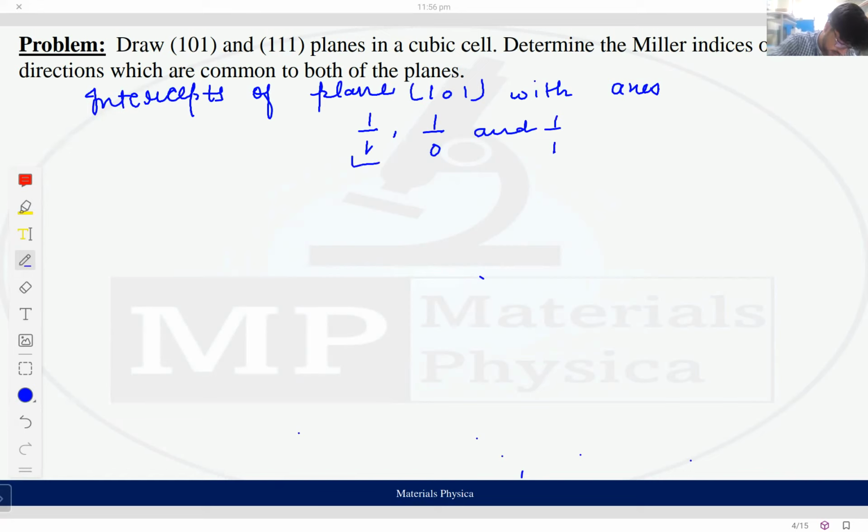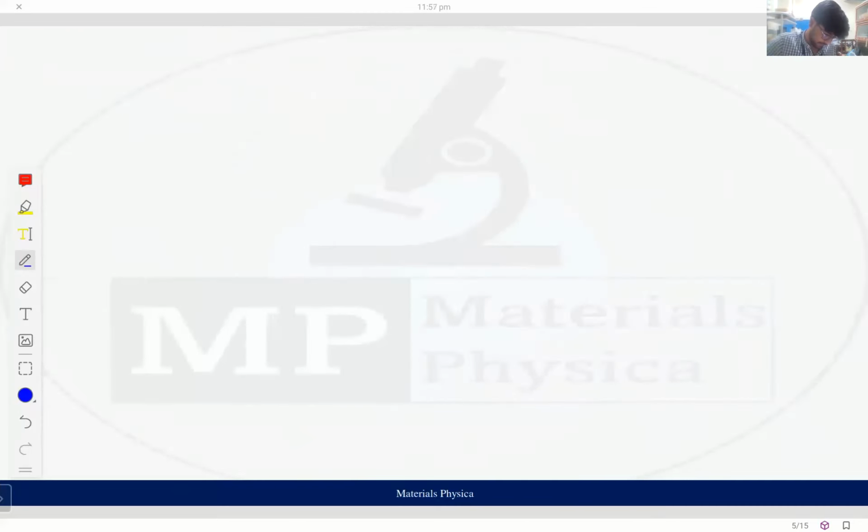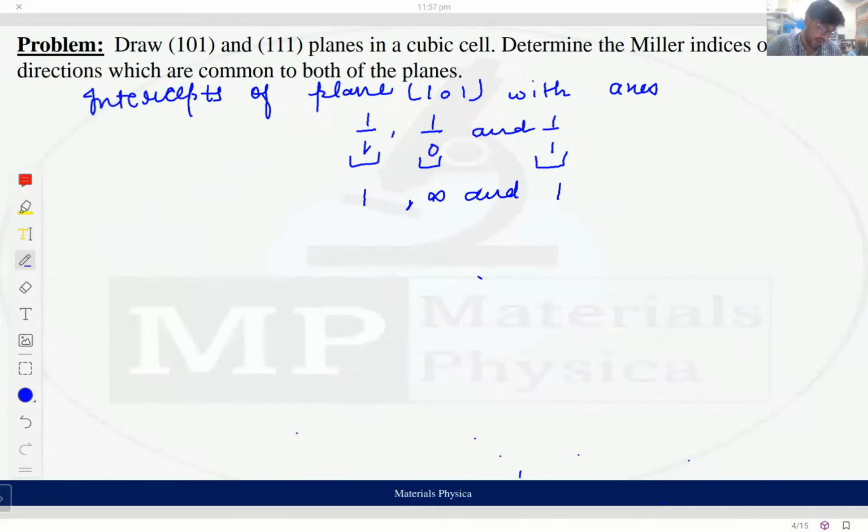This is for the x axis, this is for y, and this is for z. So it is infinite. It means this plane is parallel to the y axis, and 1 over 1 is 1. So it intersects at A on the x-axis. It is parallel to the y-axis, and it intersects at C on the z-axis.